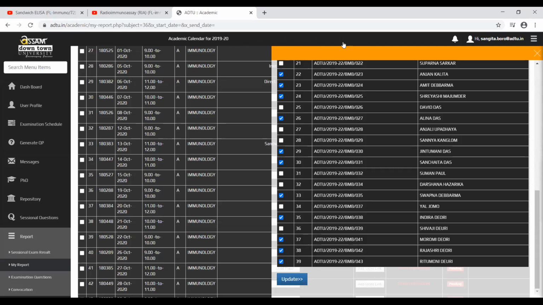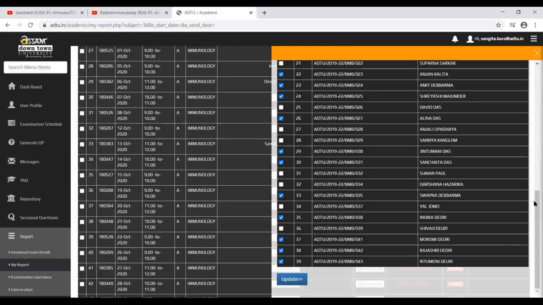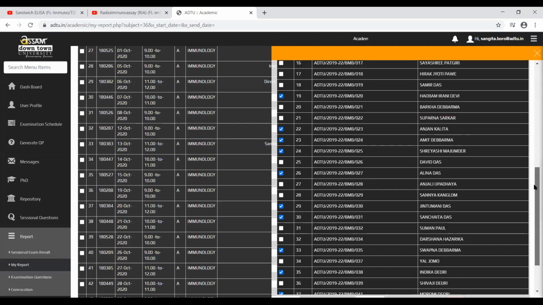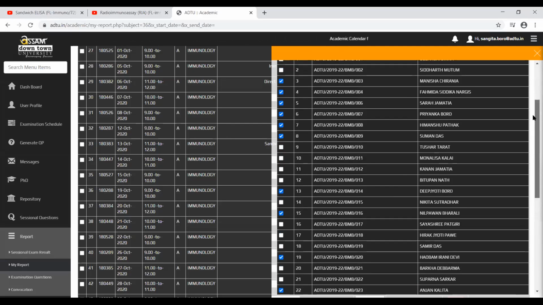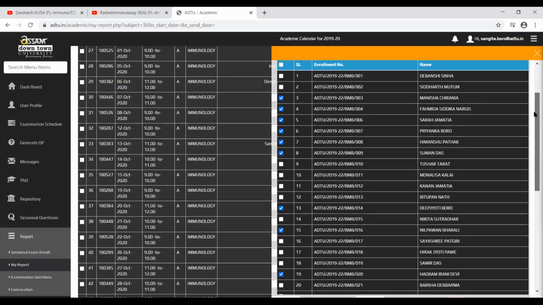Is there anyone who could not respond because of the internet connection? You can write your roll number in the chat box if you're facing trouble. I hope everybody's marked, right?